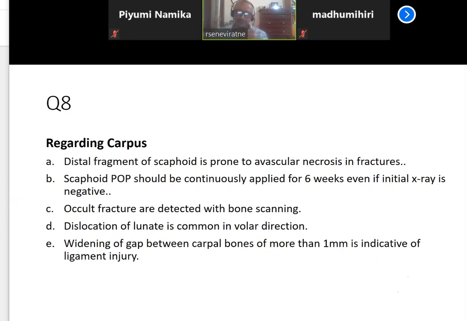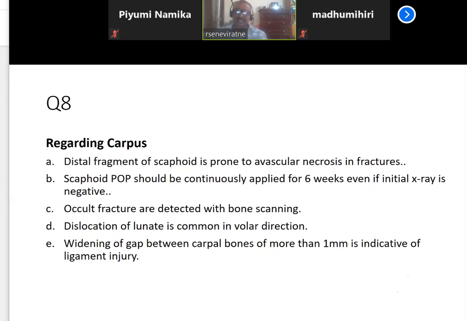You remove it at 2 weeks and re-X-ray. If this second X-ray at 2 weeks shows a scaphoid fracture, you apply scaphoid POP again for another 4 weeks. So altogether, the patient had scaphoid POP for 6 weeks.